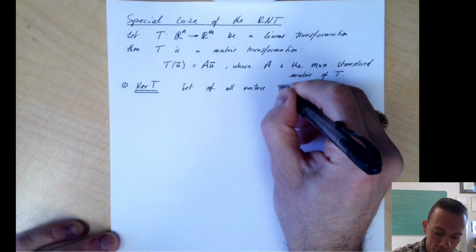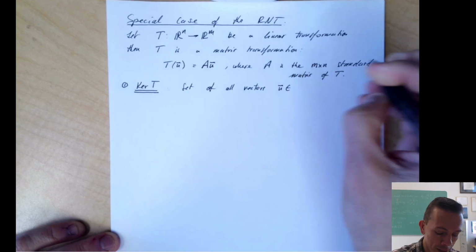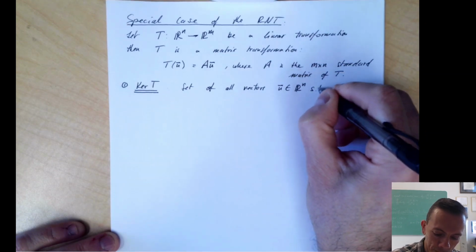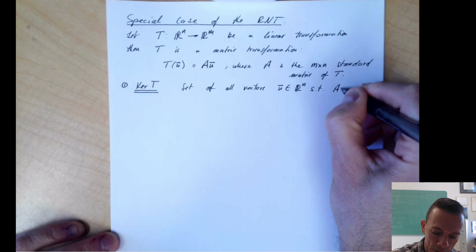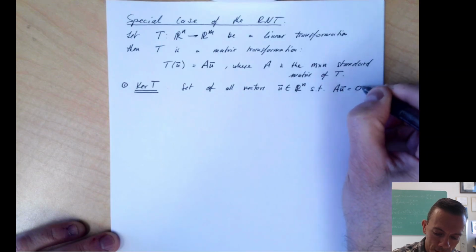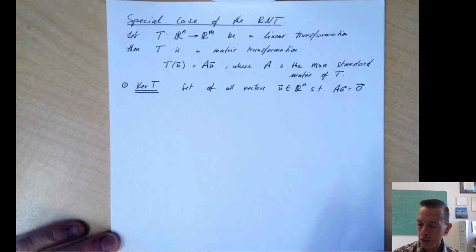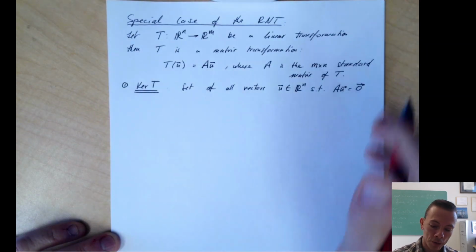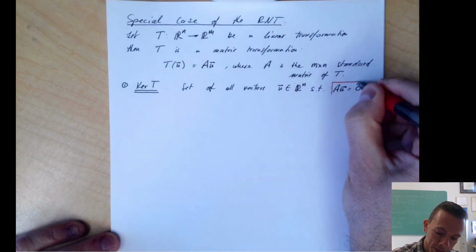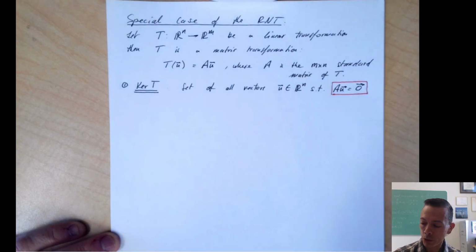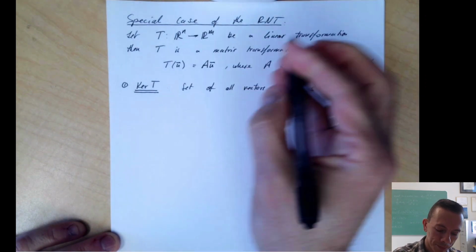So it's all the vectors u in the domain Rn such that Au equals 0. In order to find the kernel, all you have to do is solve this homogeneous system, and the solution will be the kernel.